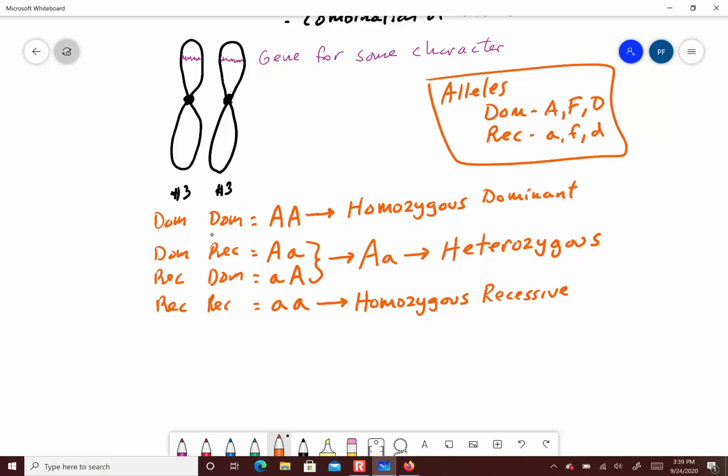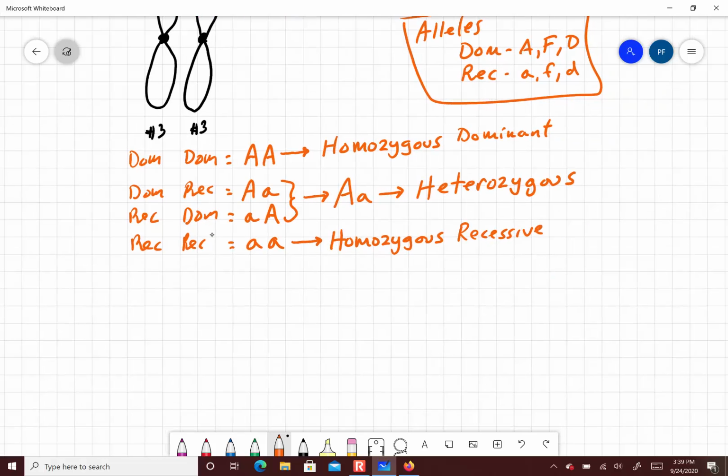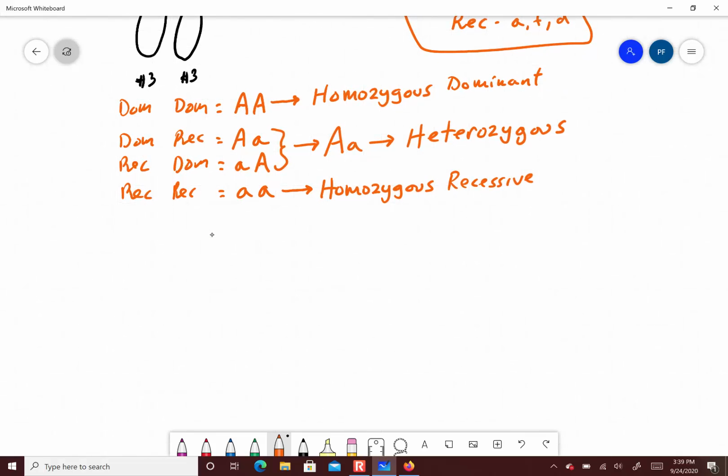I said this was going to be the last thing, but I do want to mention one last thing to you here. Remember when we're dealing with haploid, diploid, 1N, 2N stuff, if we see pairs of chromosomes like this, like we've been saying, if that's a number 1 and that's a number 1, is that 1N or 2N?